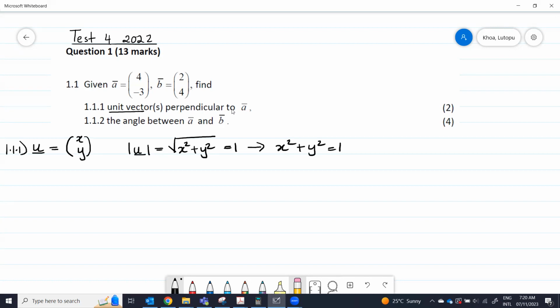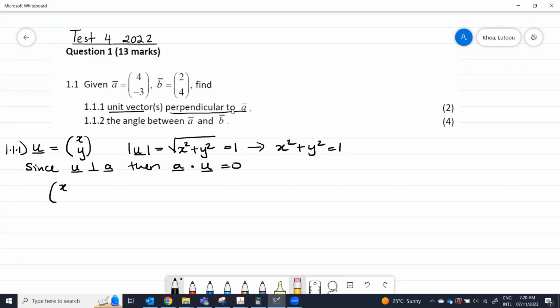Then the second thing you are told is that it is perpendicular to A. And what we know about vectors is that vectors that are perpendicular have a dot product of 0. Okay, so since U is perpendicular to A, then A dot U is equal to 0.